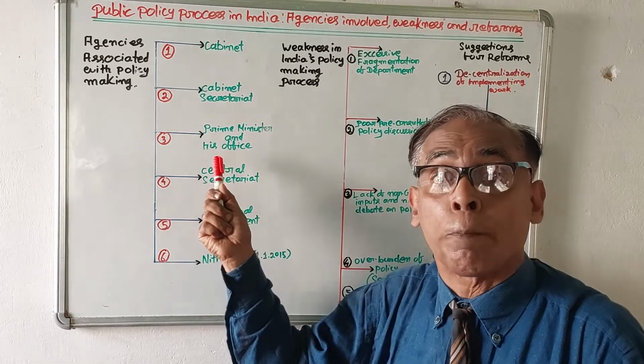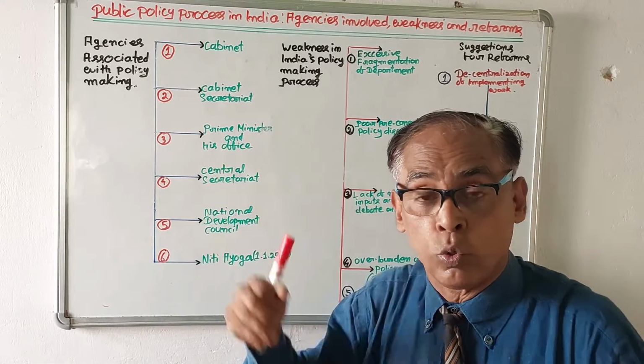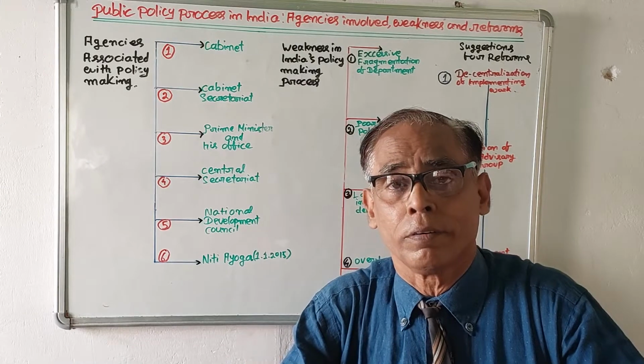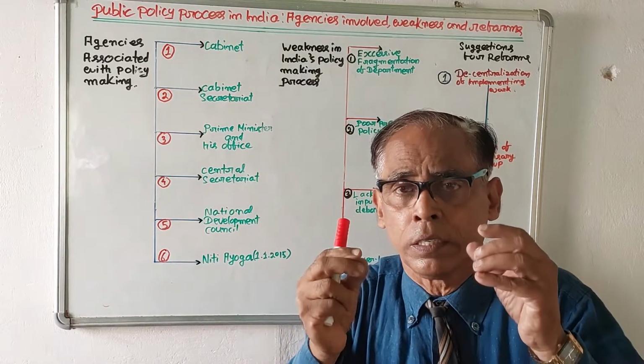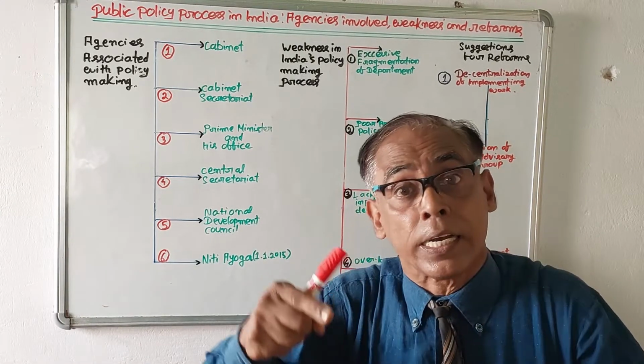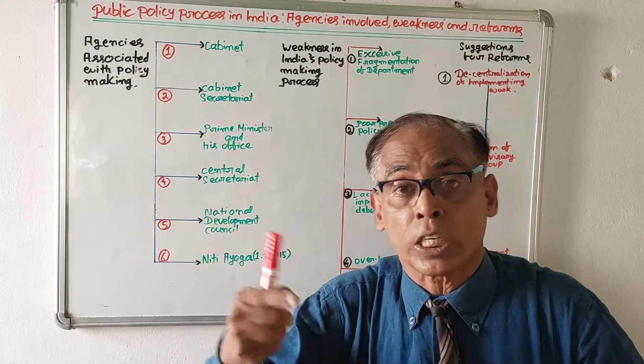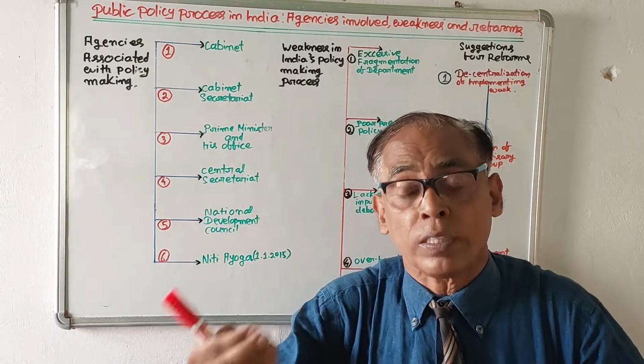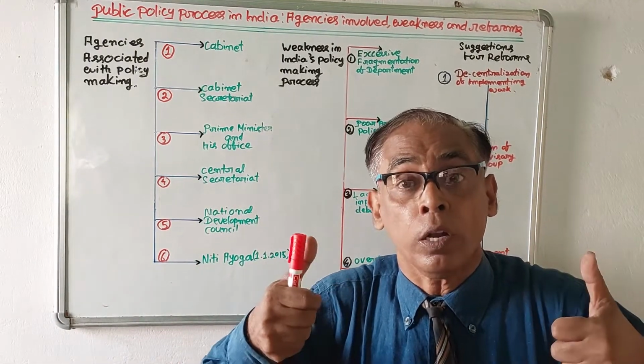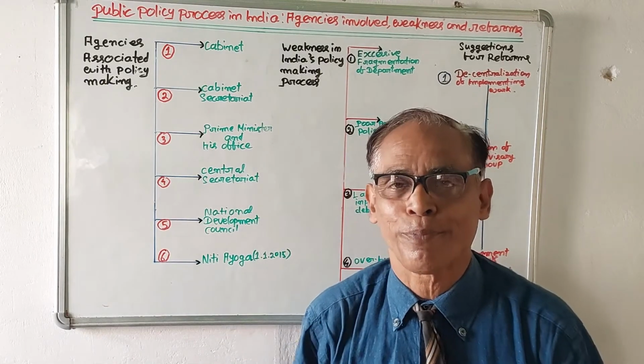It is the duty of the PMO, Prime Minister's Office, to make the Prime Minister aware of different matters relating to public policy so that the Prime Minister will go to the cabinet fully equipped.